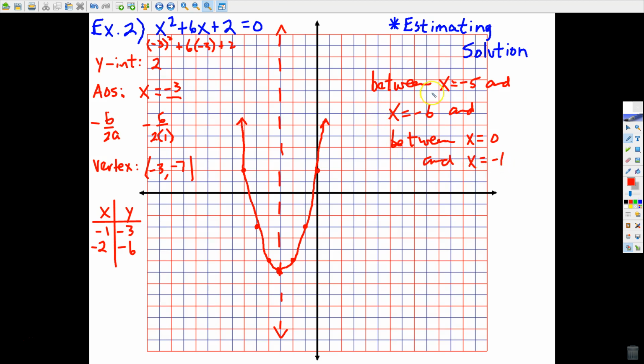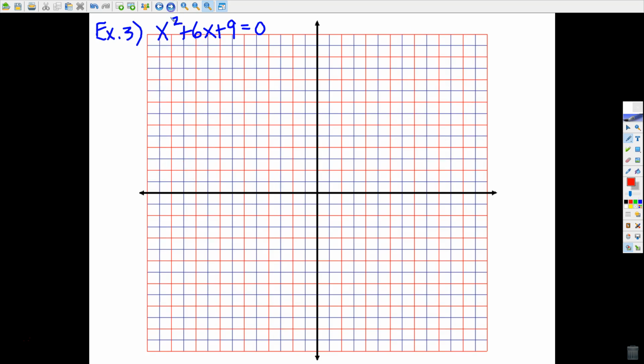And that is all you have to do when you come up with a solution that isn't an integer solution. We're just going to state the consecutive integers that our solution falls between. All right, and that will take care of example number 2.